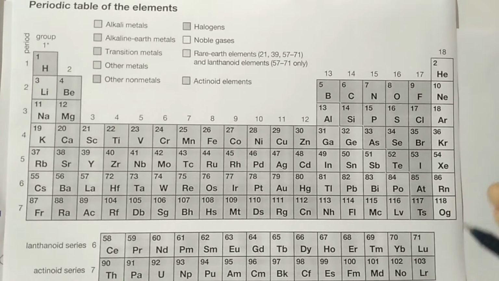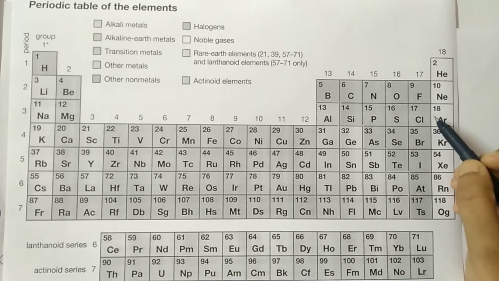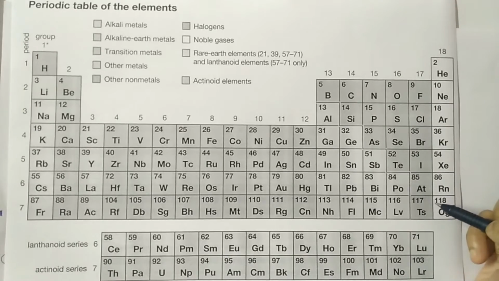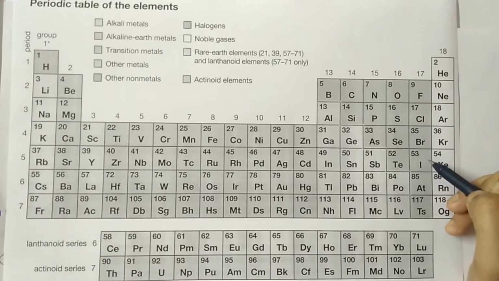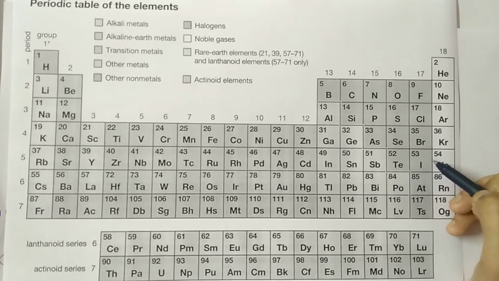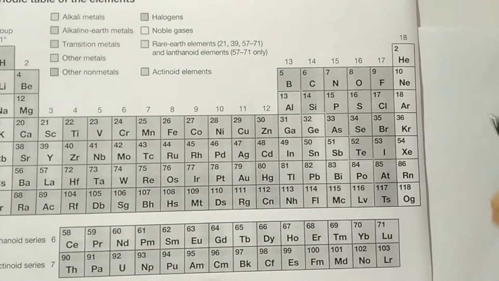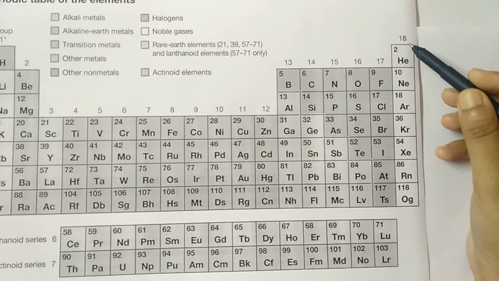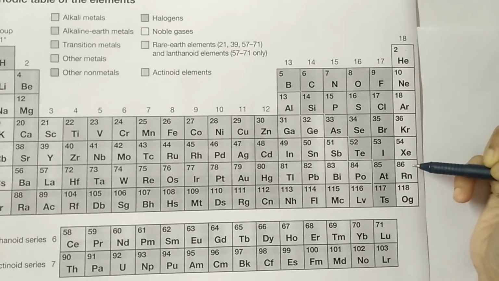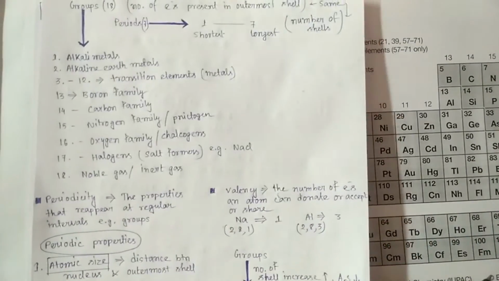Let's understand this part first. Group 17, where fluorine, chlorine, bromine, iodine and astatine exist, is called the halogens. And I forgot to tell you, the most interesting group is group 18. It is called the inert gas group or noble gases. So that is all about groups.